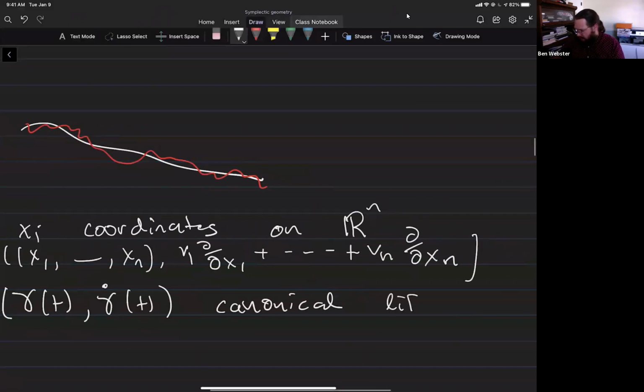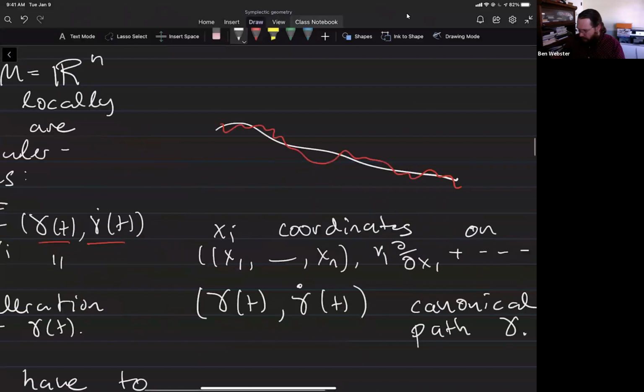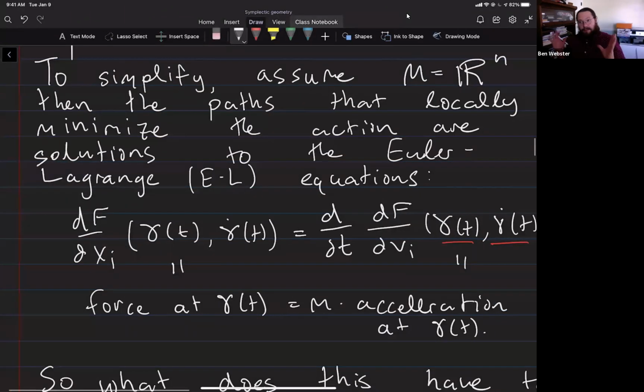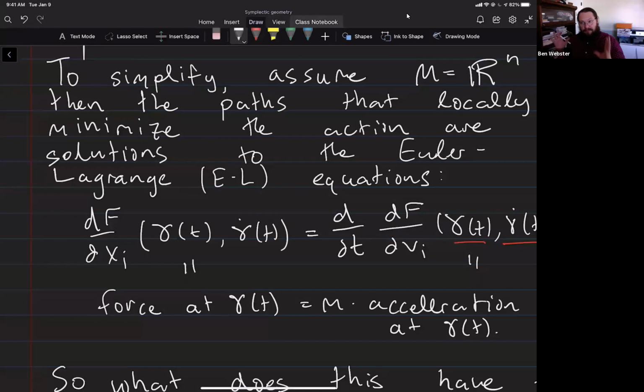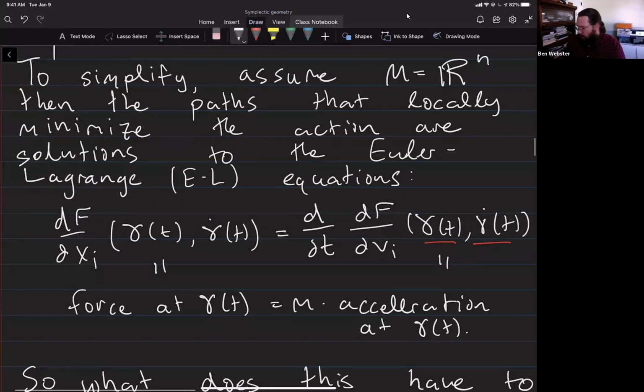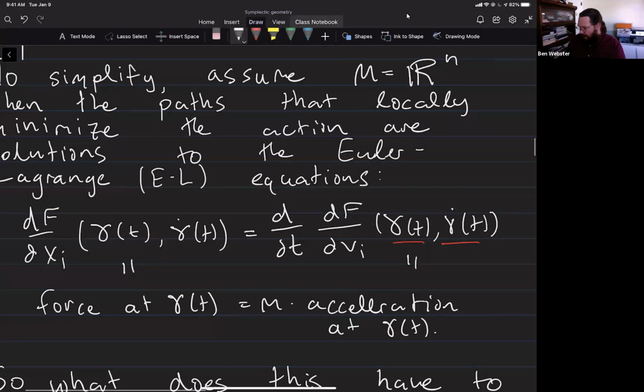Canonical lift of the path. So on the left-hand side, I'm just evaluating this function defined by a partial derivative at that point. Whereas here I'm evaluating it and then taking a time derivative as I move along the path.